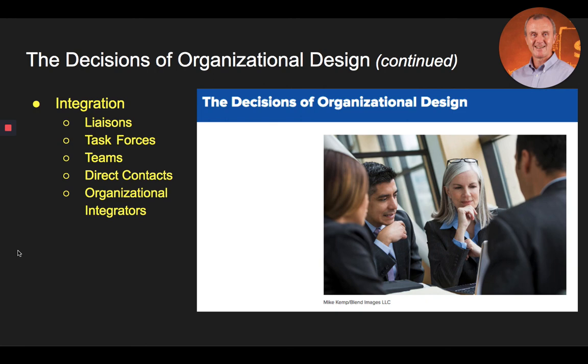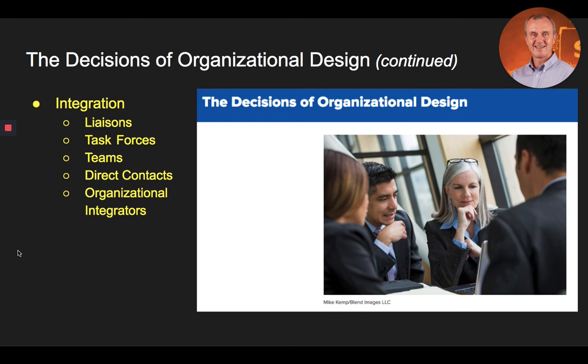Factors to be considered in the design of the structure include specialization of labor, including how many subordinates report to a specific supervisor, vertical differentiation, meaning classifying people and positions according to rank and authority, horizontal differentiation, dividing labor into separate tasks and grouping these tasks into distinct departments, and integration, figuring out how to facilitate communication and coordination across various positions within a given department, up and down different levels of the organization, and across departments.